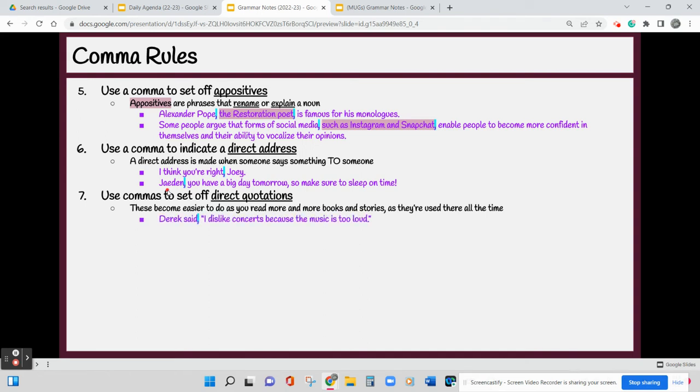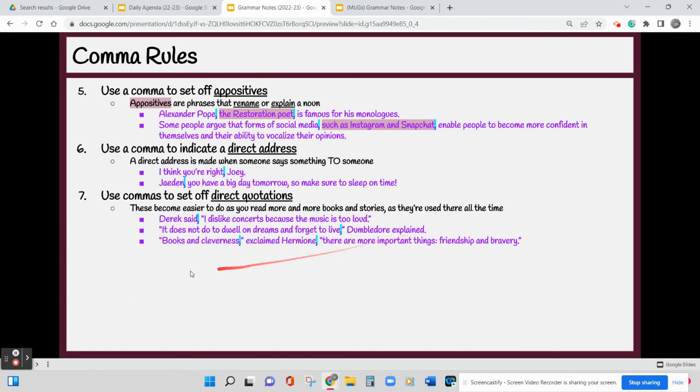For example, Derek said, "I dislike concerts because the music is too loud." Or, "It does not do to dwell on dreams and forget to live," Dumbledore explained. So if you notice, either the comma goes before the quote, or after our quote ends, and then there's a little detail on who's talking.